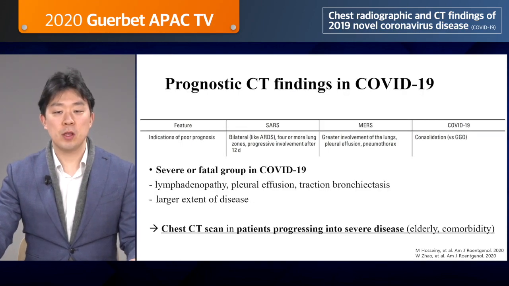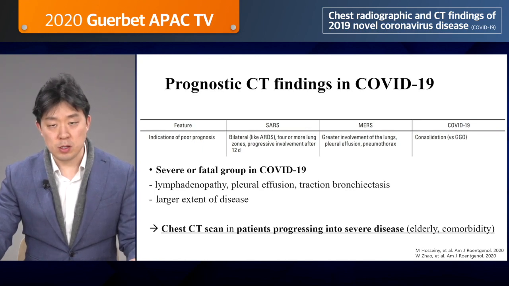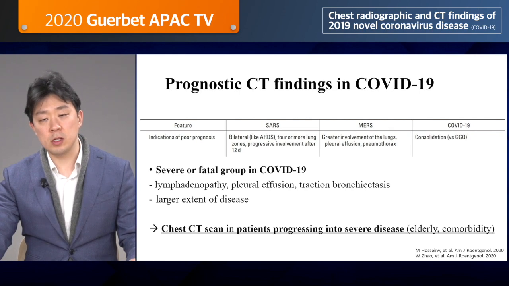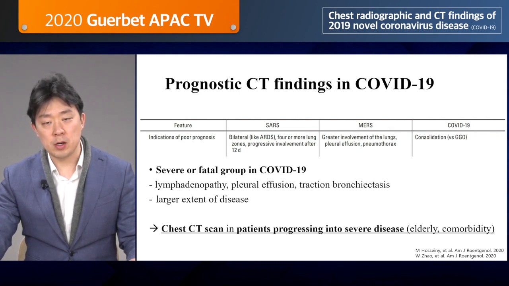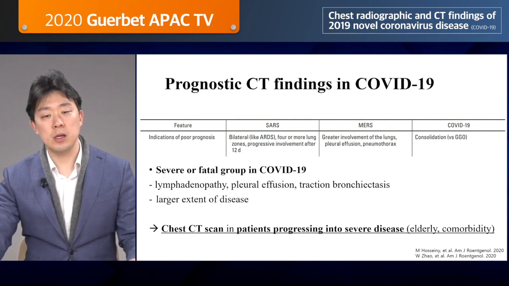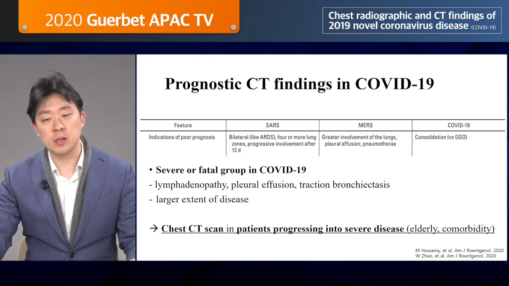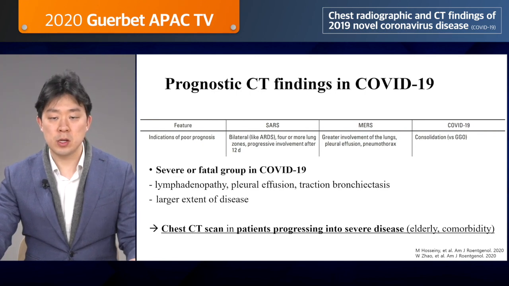Identifying patients with poor prognosis of SARS, MERS, and COVID-19 is very important in determining how to efficiently distribute the limited medical resources. Indications for poor prognosis include a bilateral disease in SARS, and also a bilateral disease, a greater involvement of lung parenchyma or fluid effusion in MERS.